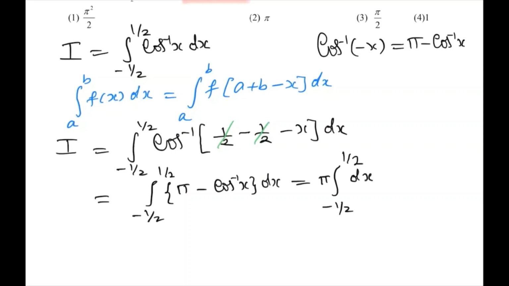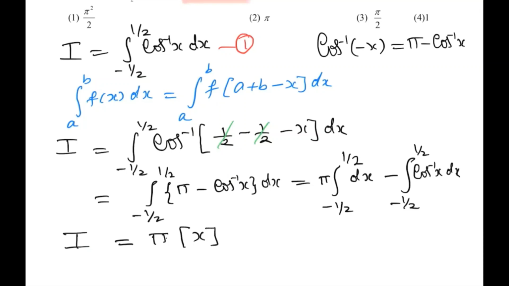You can write dx minus integral minus 1 by 2 to plus 1 by 2 cos inverse x dx, which is the same as equation 1, that is I. So this reduces to I equal to pi times integral of dx, which is x, lower limit minus 1 by 2, upper limit 1 by 2, minus I. So take this I to the LHS, it becomes 2I.